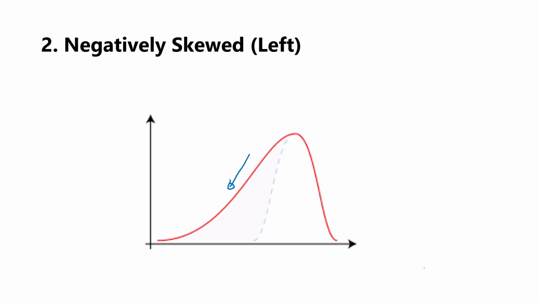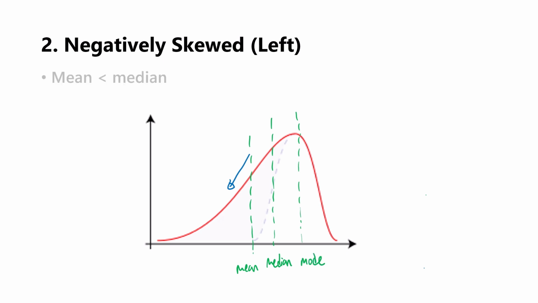So from this curve here, we can see that the mean is somewhere around here, while the median is higher than the mean, and the mode remains on the highest point of the curve. Therefore, we know that the mean is always lower than the median in a negatively skewed distribution curve.